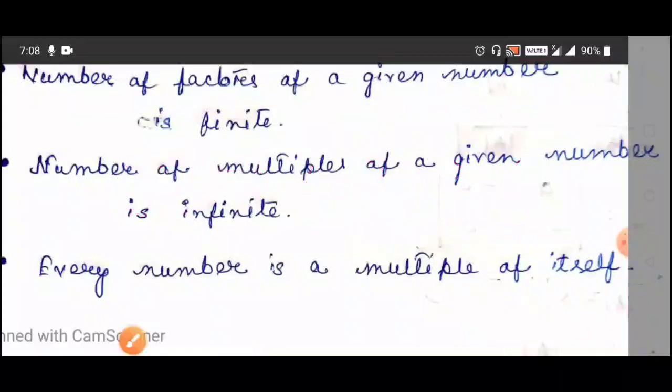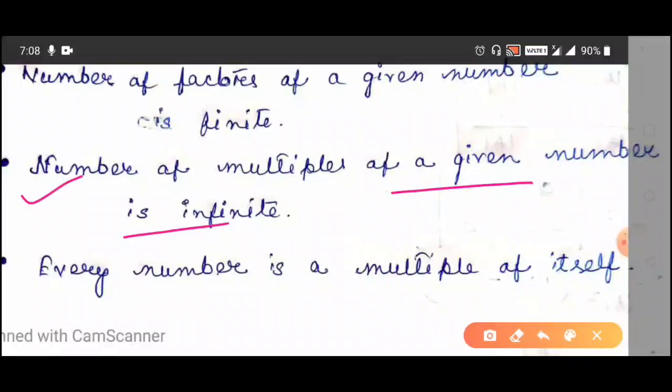Next one, number of multiples of a given number is infinite. So how many multiples can a number have is infinite.